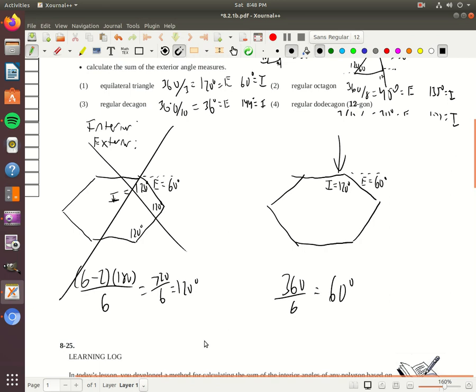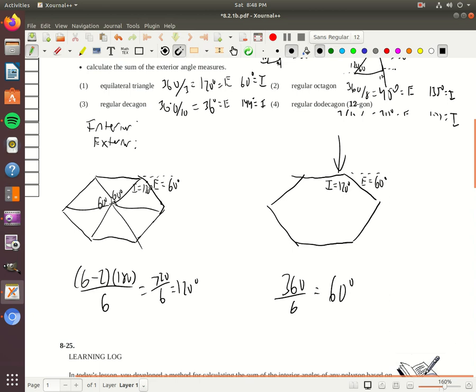The other point I want to make is this. We're going to talk about something called the central angle. I'm going to clean this up a little bit. The central angle is what you get if you cut this thing like a pie in the middle. Obviously it's 360 divided by 6 to get 60 degrees.